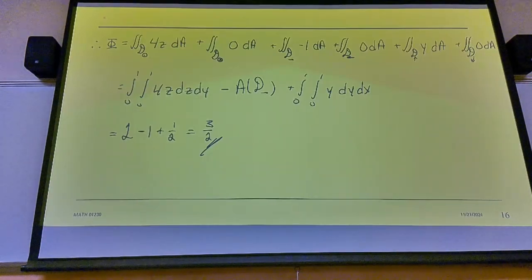Before I let you go, I did promise you something. The integral form of Maxwell's equations.